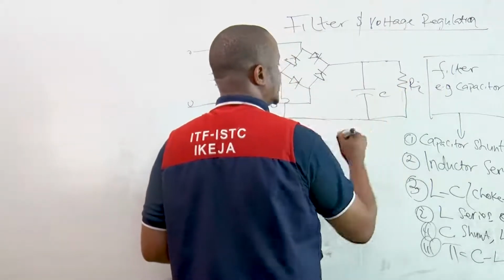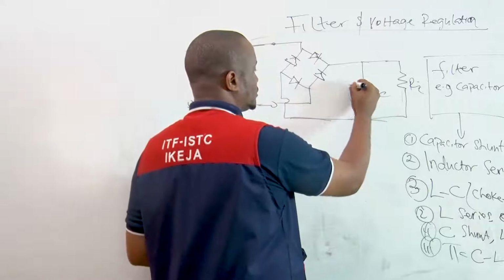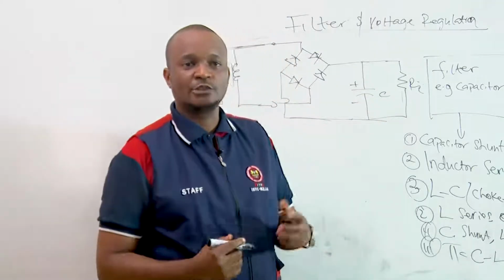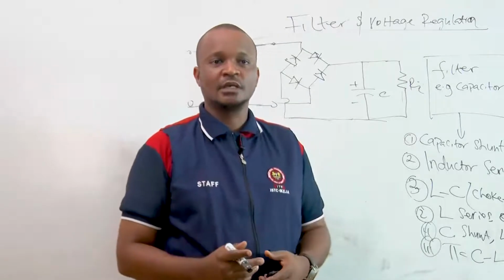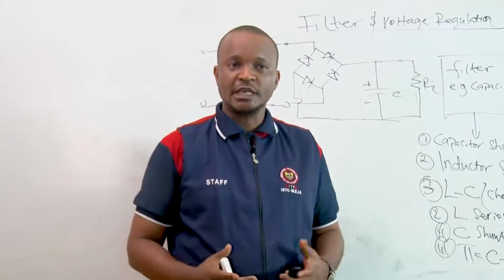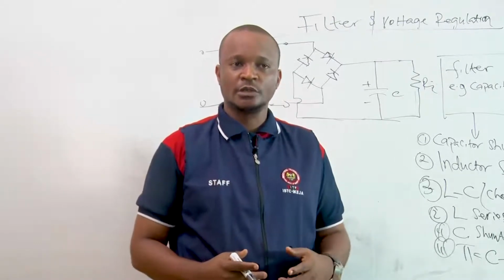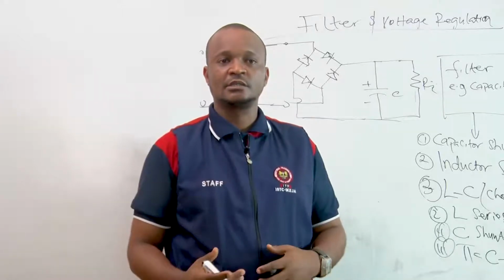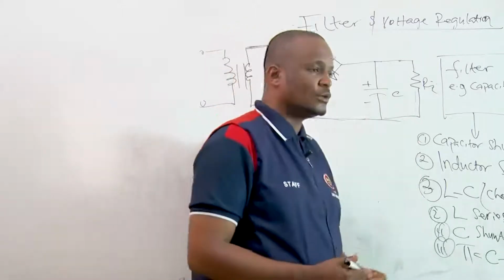If it's an electrolytic capacitor, you can have it in this form. So this capacitor, when it is placed across a rectifier, gets charged, and then it stores the energy during the conduction period. And when the rectifier is not conducting, the energy is delivered back to the load.